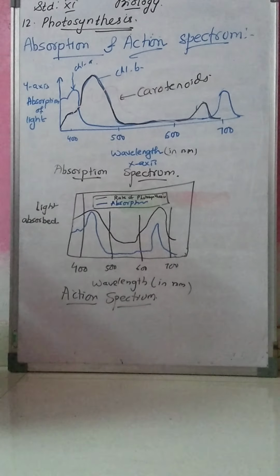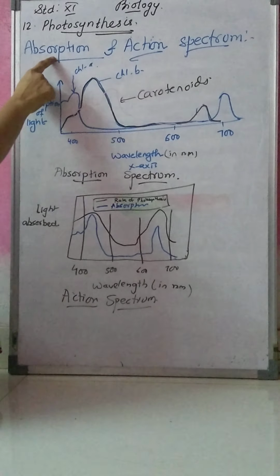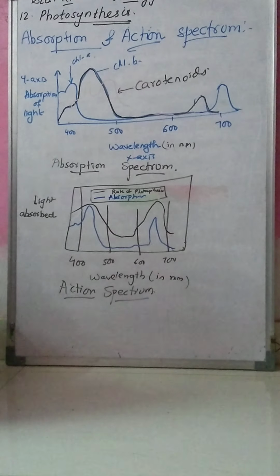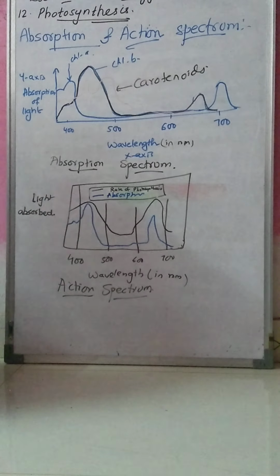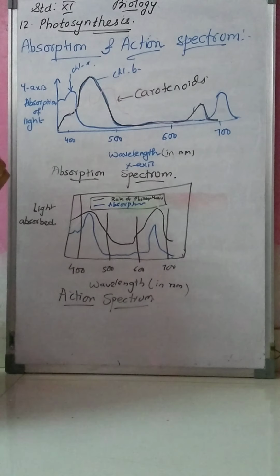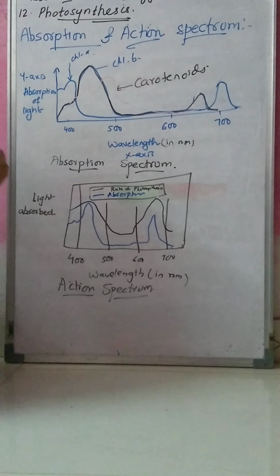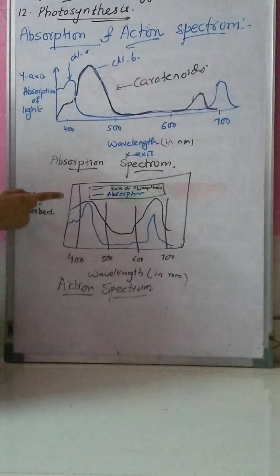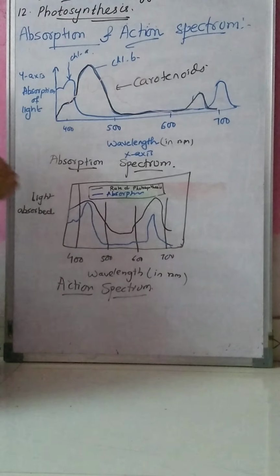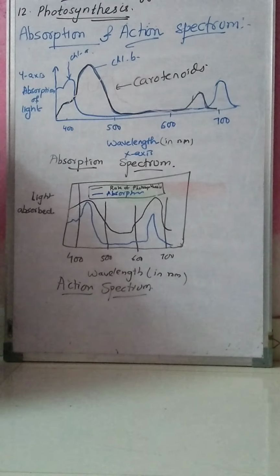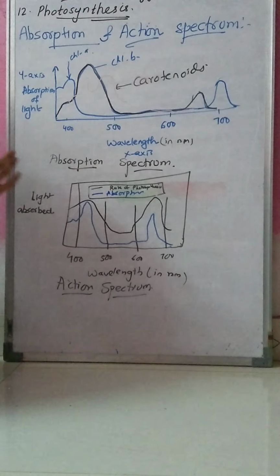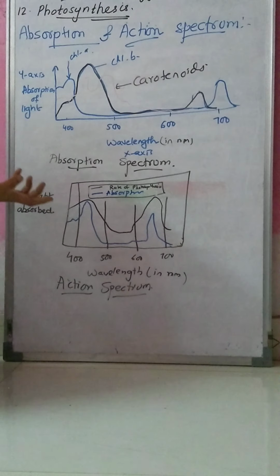Next is absorption and action spectrum. Now, all the pigments I have already explained last time: chlorophyll A, chlorophyll B, carotene, xanthophyll, that is carotenoids. What do they do? They absorb light quanta, or we can say photons.